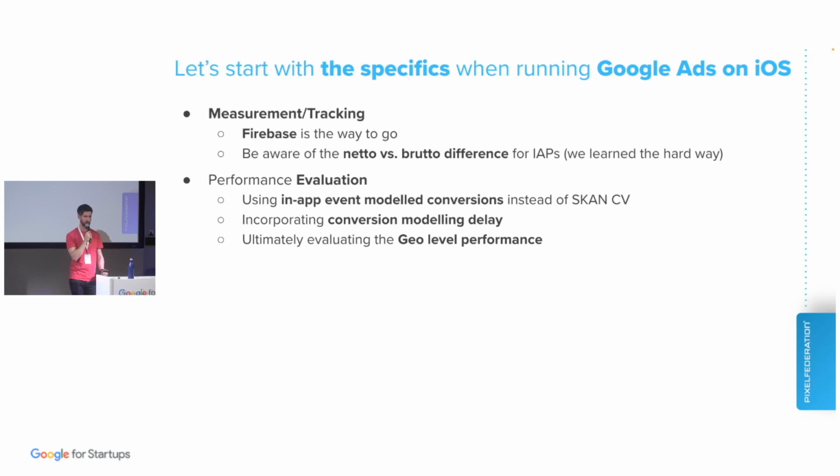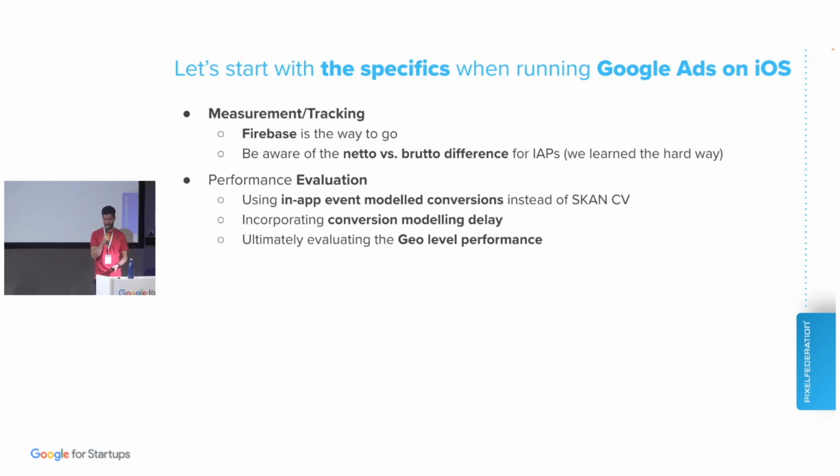And ultimately, when we tackle Google Ads performance on iOS, we tend to use geo level performance. So looking at isolated experiments of running only Google on a specific geo to see what's the uplift on the organic, or what's the uplift on overall installs from that geo, because ultimately that's the only way to make sure what's the value coming from Google.